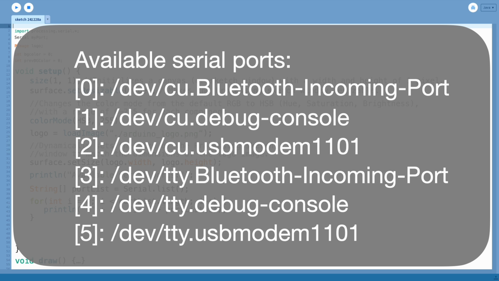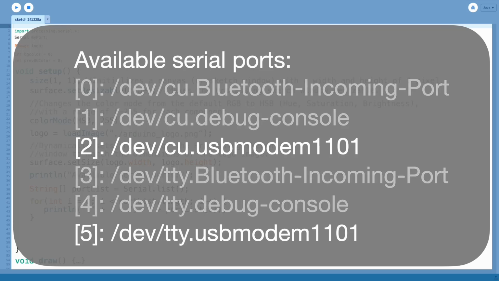Now, when I'm looking at this, there are a few right off the bat that I know for a fact are not my Arduino board. When I look at the Bluetooth incoming and the debug console, regardless if it's CU or TTY, I know that my Arduino board is not a Bluetooth, and I know that it's not a debug console.